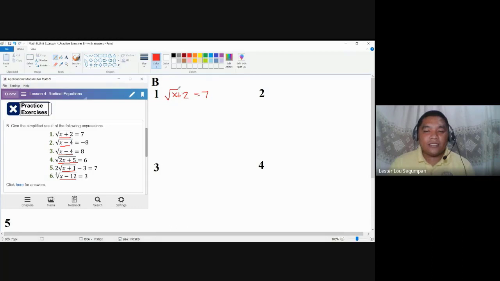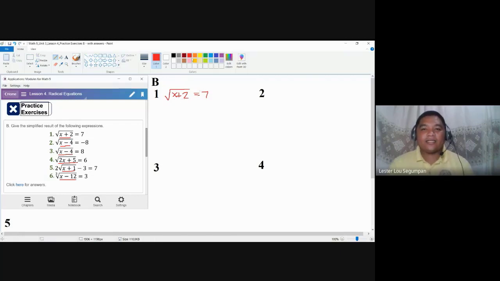But now this is a binomial. So my point here is you cannot subtract 2 on both sides yet, because 2 is not an integer outside the radical expression. It is part of the radicand, so it will be treated as a whole.